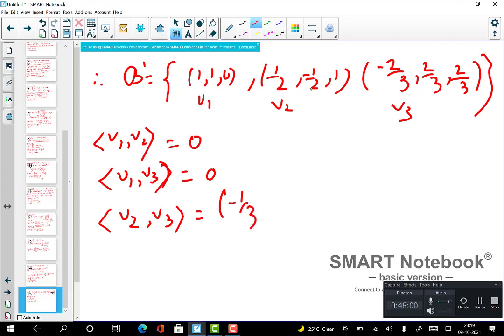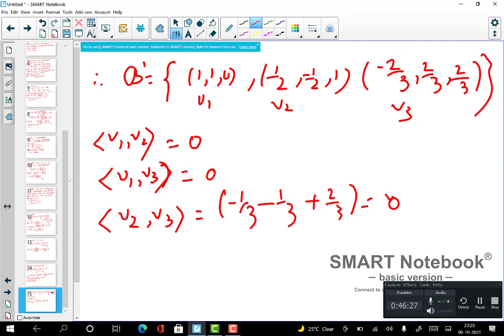This into this is minus 1 by 3, and this into this is plus 2 by 3, and this is again 0. Okay, so that tells you that this is an orthogonal set, and hence this is an orthogonal basis because these are linearly independent, right?